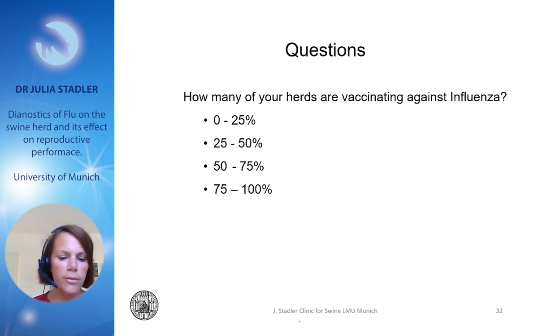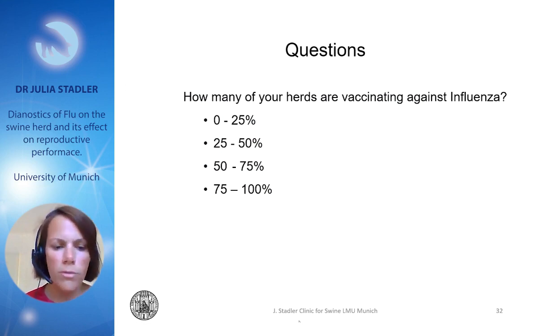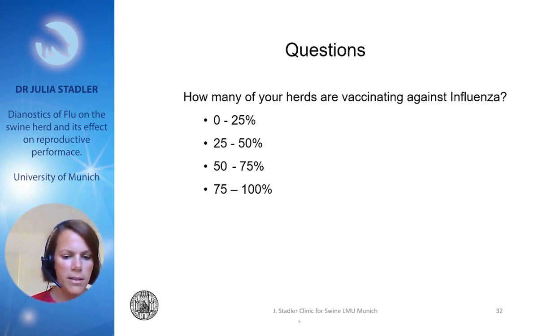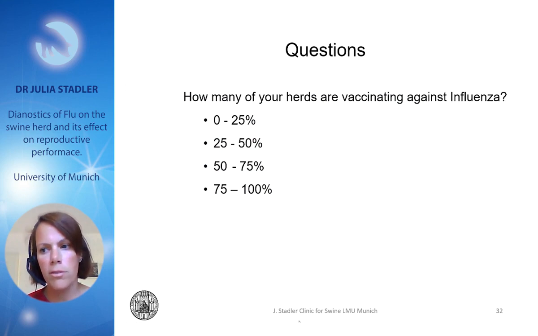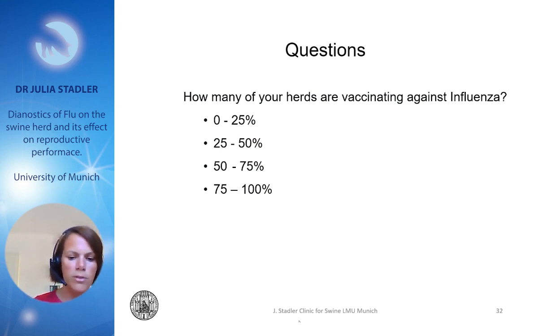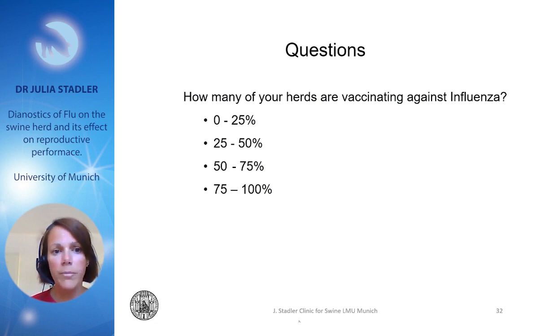However, you have to keep in mind that next to purchase of animals, trade of pigs, and aerosols from neighboring farms, humans can serve as a source of introduction for influenza infection in swine herds, particularly for pandemic influenza.